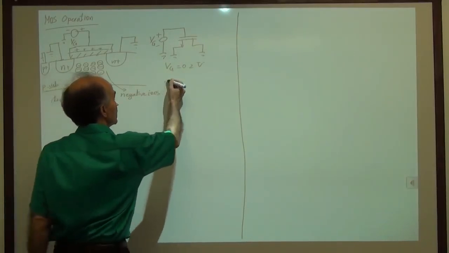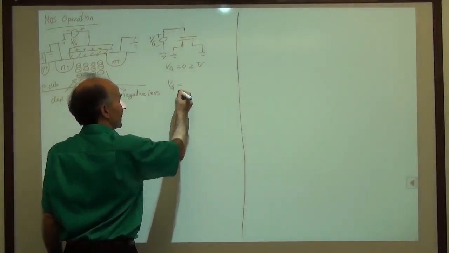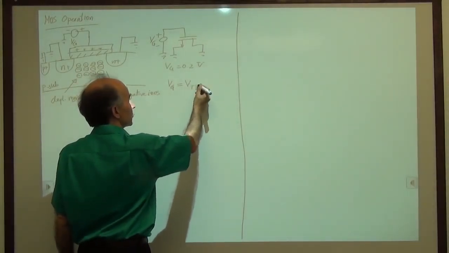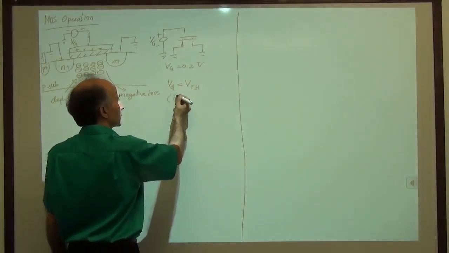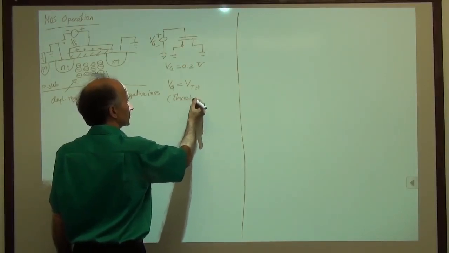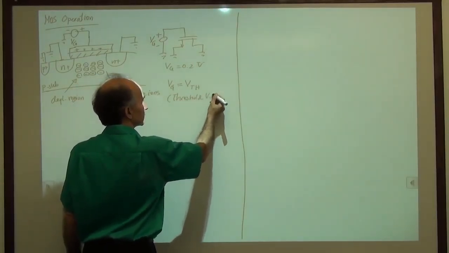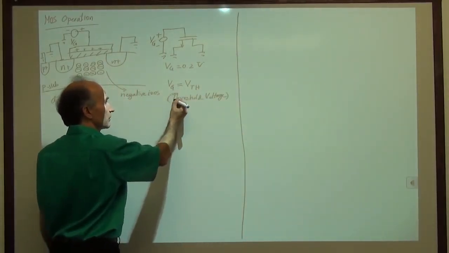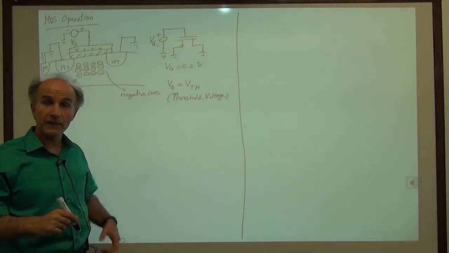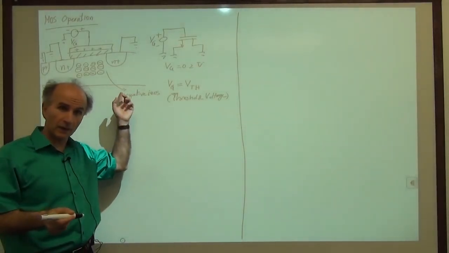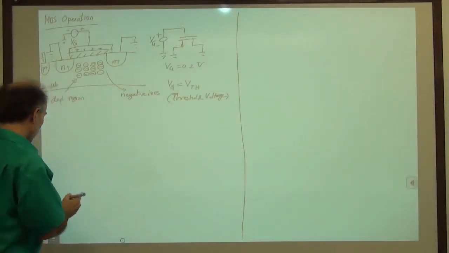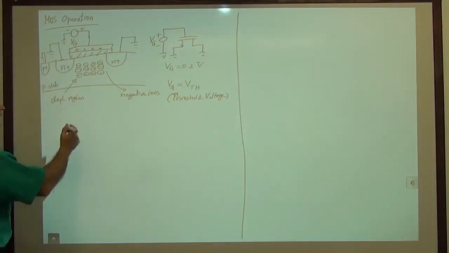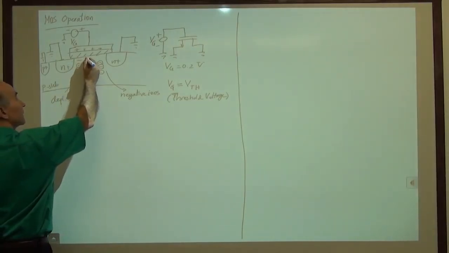So once VG reaches a threshold, a VTH, which we call the threshold voltage, something else happens in addition to these ions being exposed. All of a sudden, we will get some electrons right here.